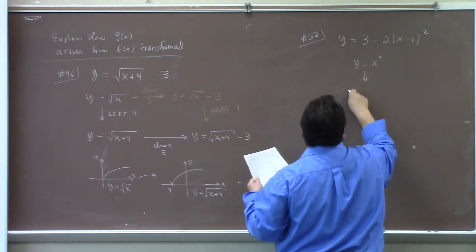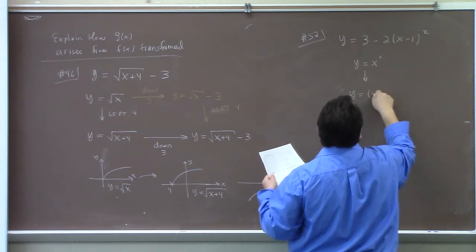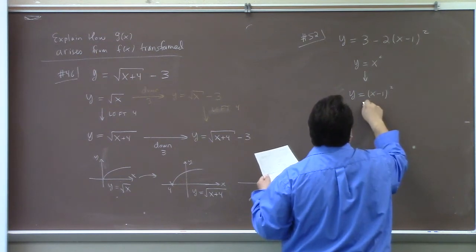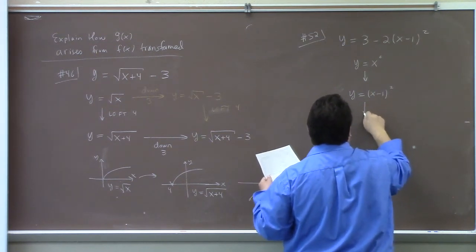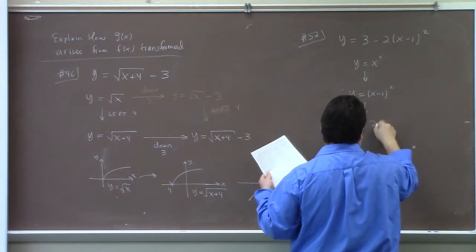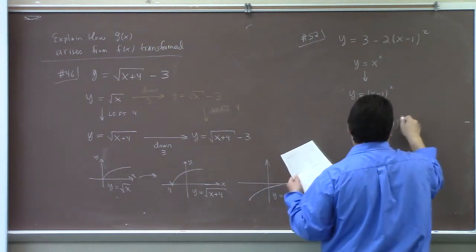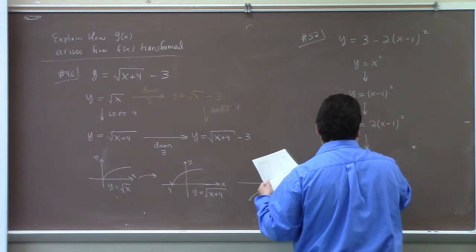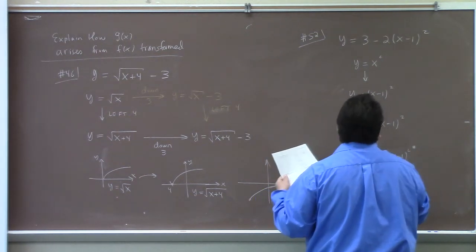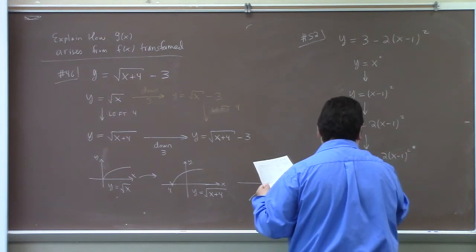Then I go to y equals x minus 1 squared. Then I flip it, or I could multiply by 2. Then I multiply by minus 1. And then finally I add 3.